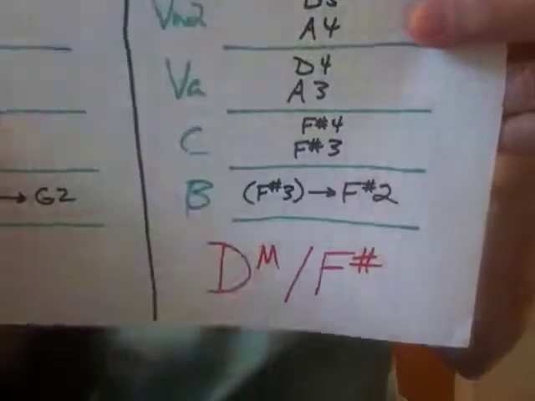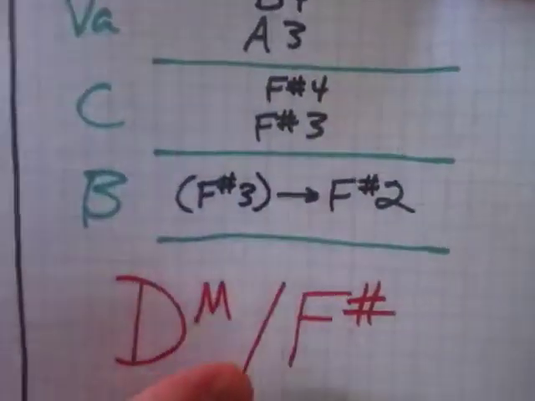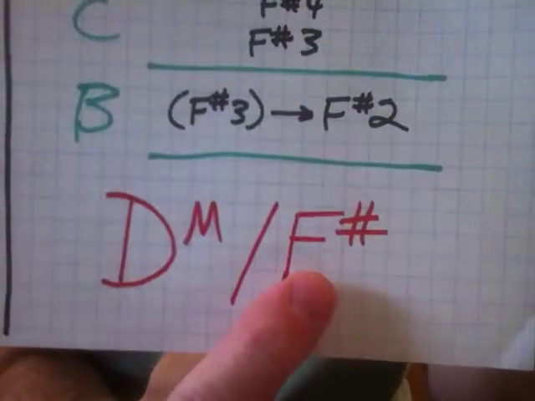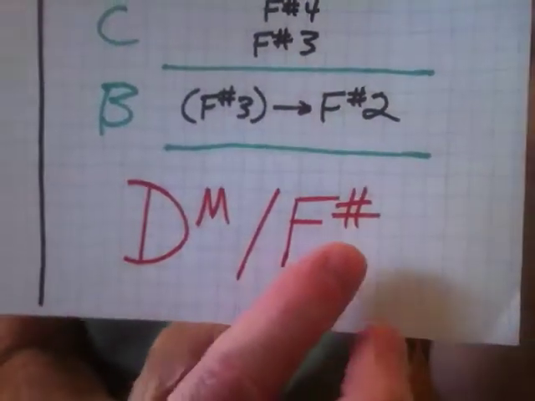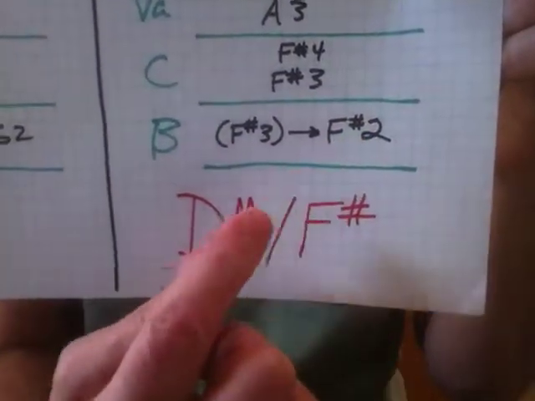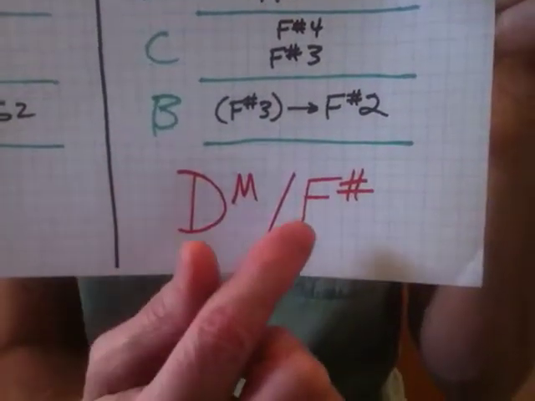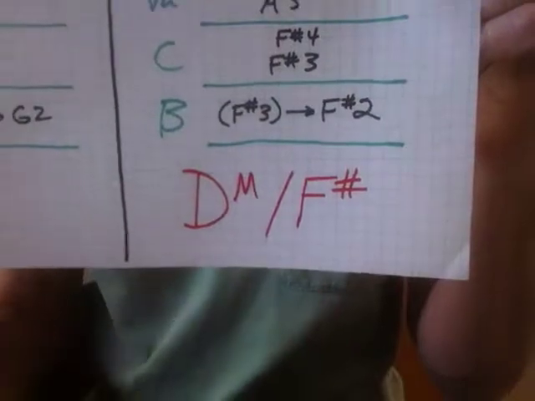And so you indicate that when you write your symbol, you put that forward slash, and you make sure you put in the F sharp to denote that the bass note is not the root note. It's not the same as the root. They've chosen to use the F sharp as the bass.